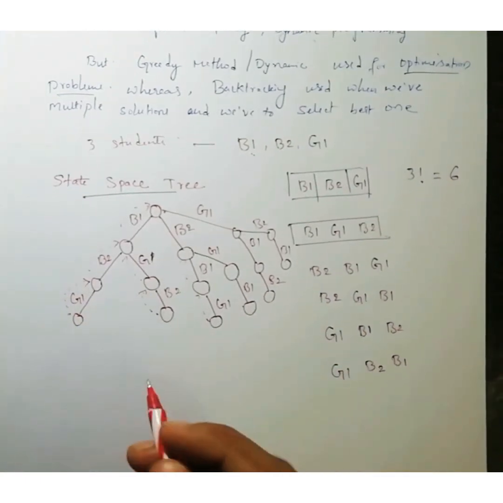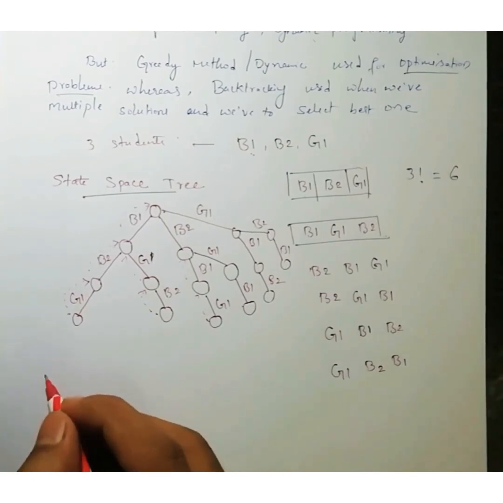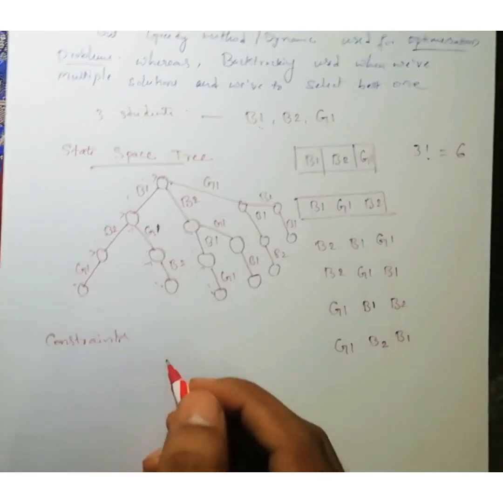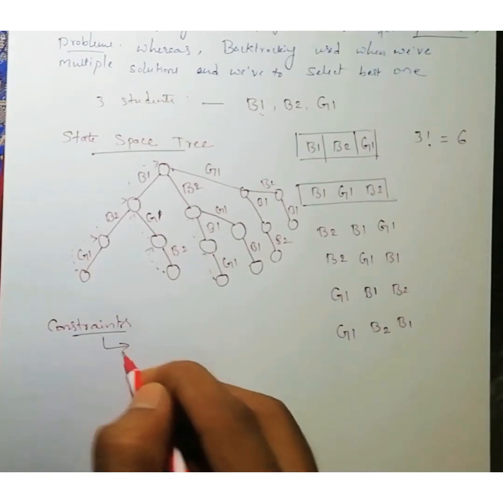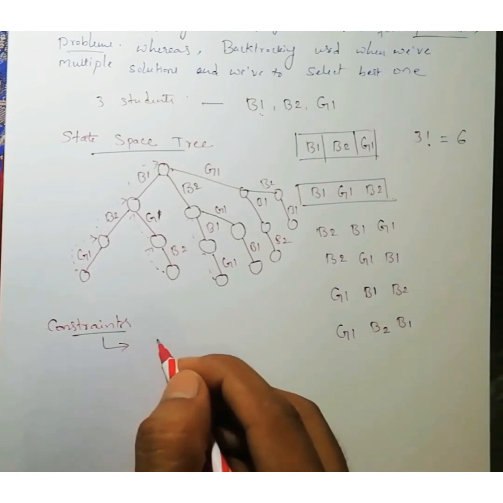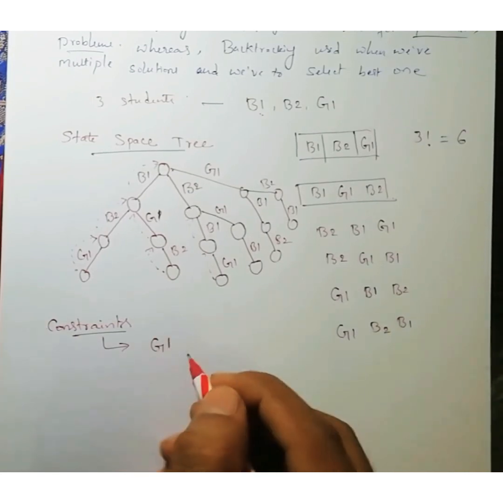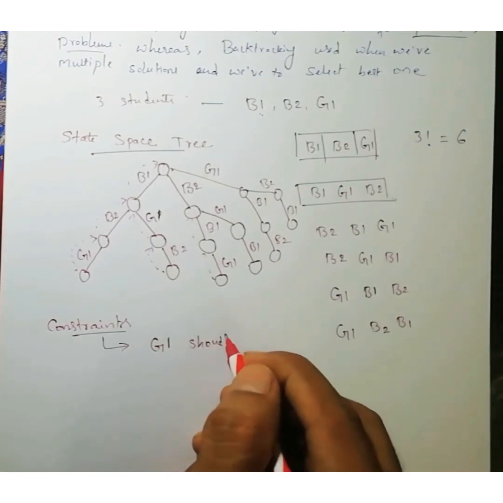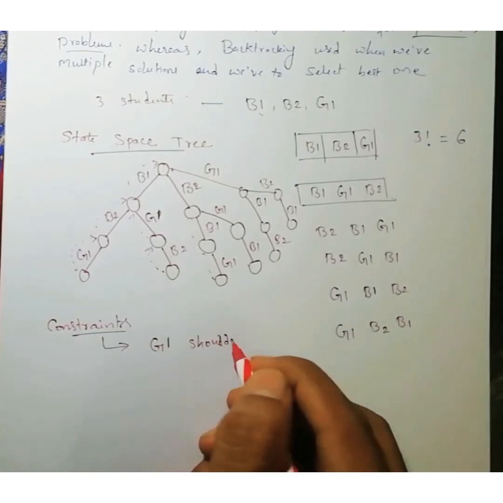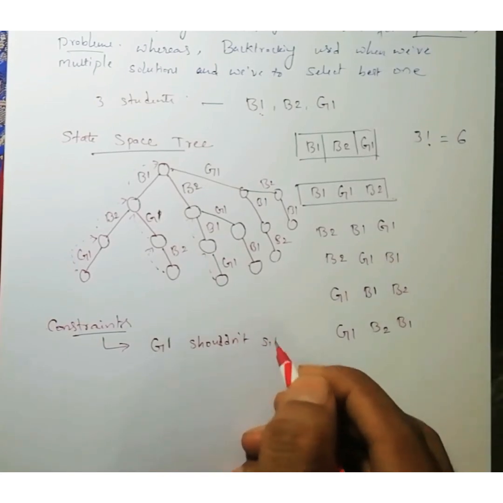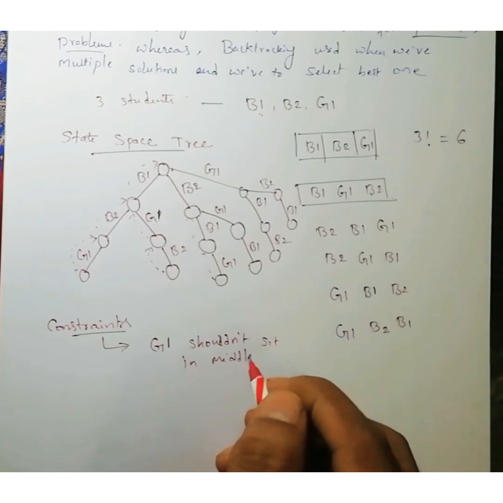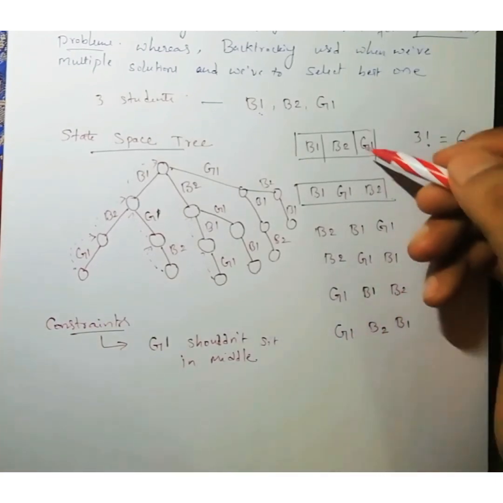And the backtracking method always works by using a set of constraints. For example, I will take one constraint: the girl should not sit in the middle. What is the meaning? Where is the girl sitting in the middle?